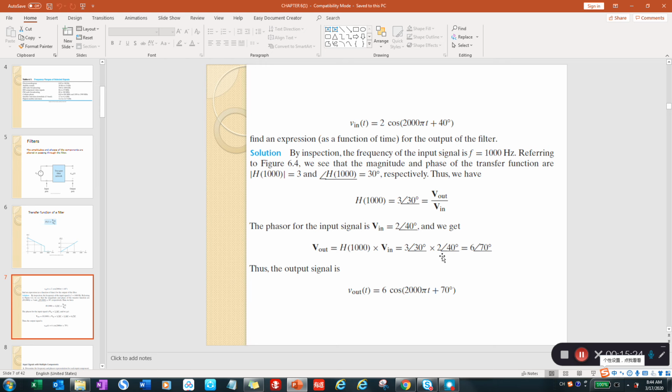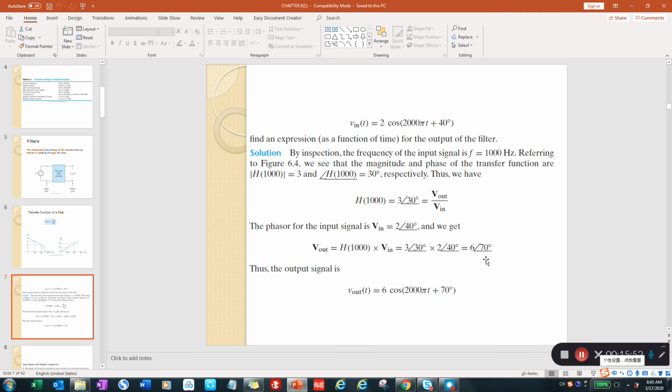Here you can see our input amplitude is 2. After the filter, it has been multiplied by 3. It has been amplified by 3. So the output signal will be 6. And the original signal has a phase angle of 40. After the filter, it changed. It increased by 30 degrees.